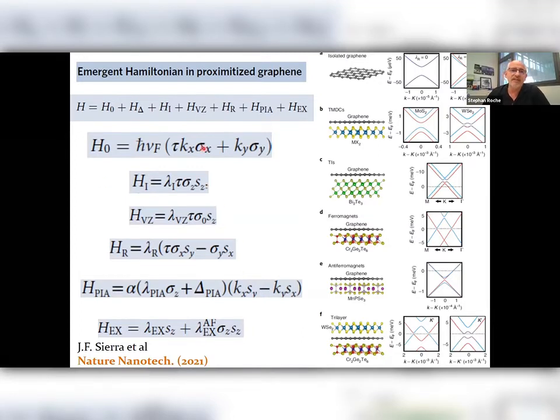And the spin texture of the states will be fundamental to understand the resulting spin transport properties. So we have, in addition, based on a lot of calculations from first principles, realized that you can have a minimum set of effective Hamiltonians that will capture all the possible types of interfacing you're interested in, especially including these new 2D magnets or the strong spin-orbit coupling materials.